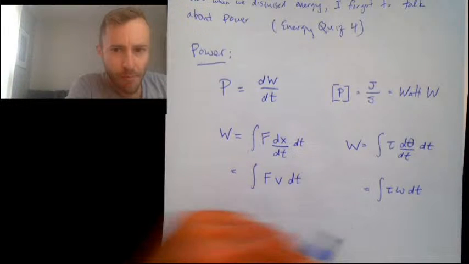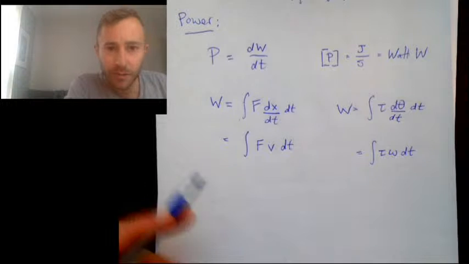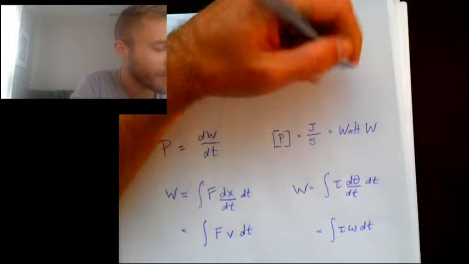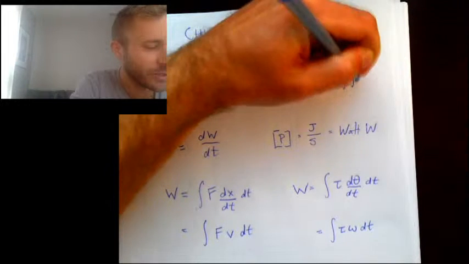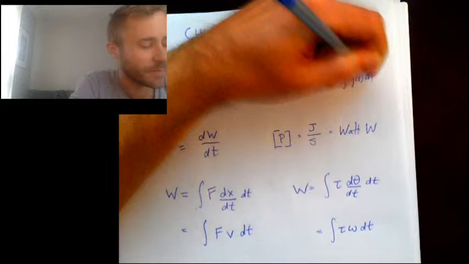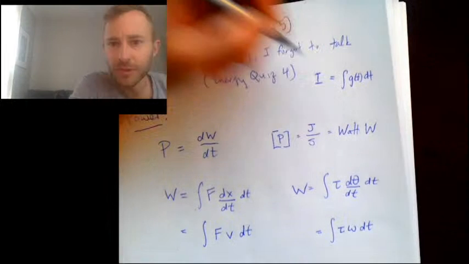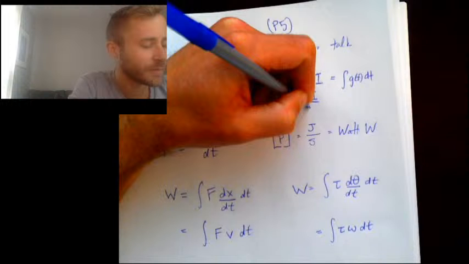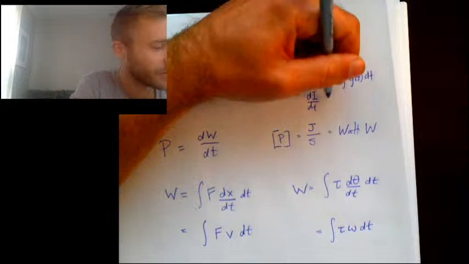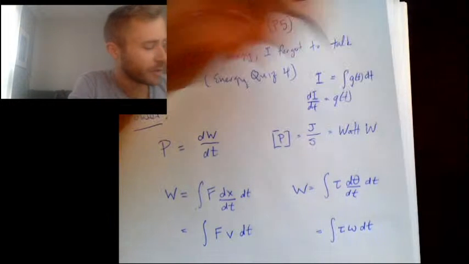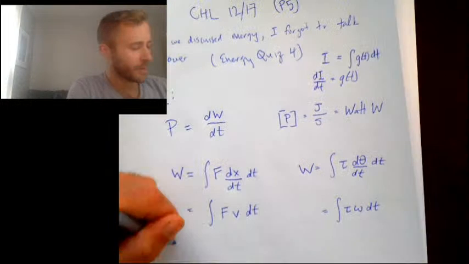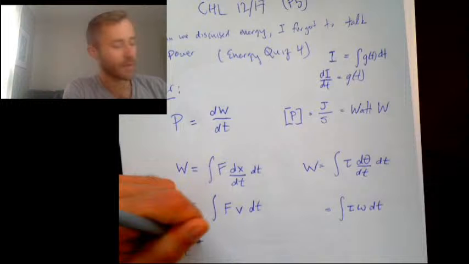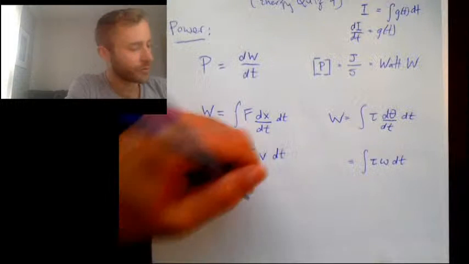Now I can take the derivative with respect to time. I just use the fundamental theorem of calculus. If you have the integral of g of t dt, if that's I, then di dt just gets rid of the integral sign and the dt, and it just equals g of t. So when I take the derivative, d work, d time, that's just going to equal force times velocity.